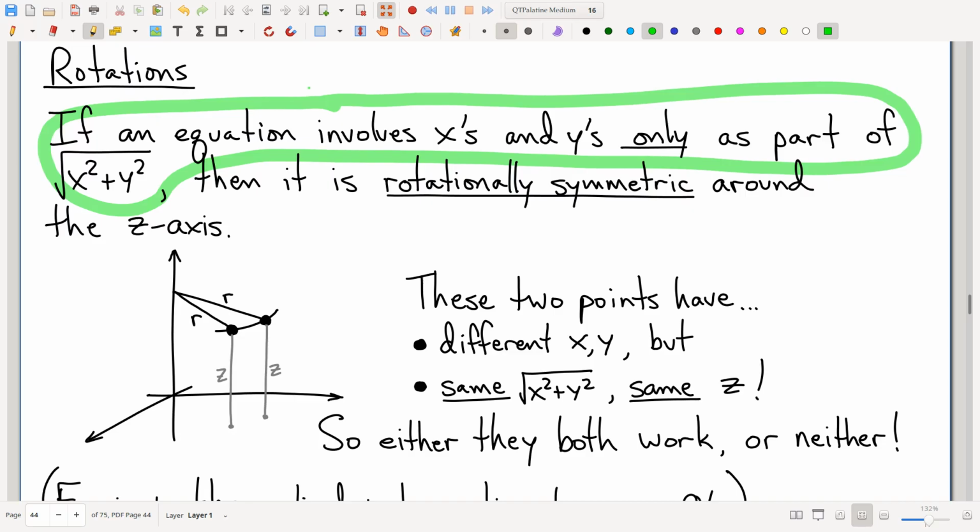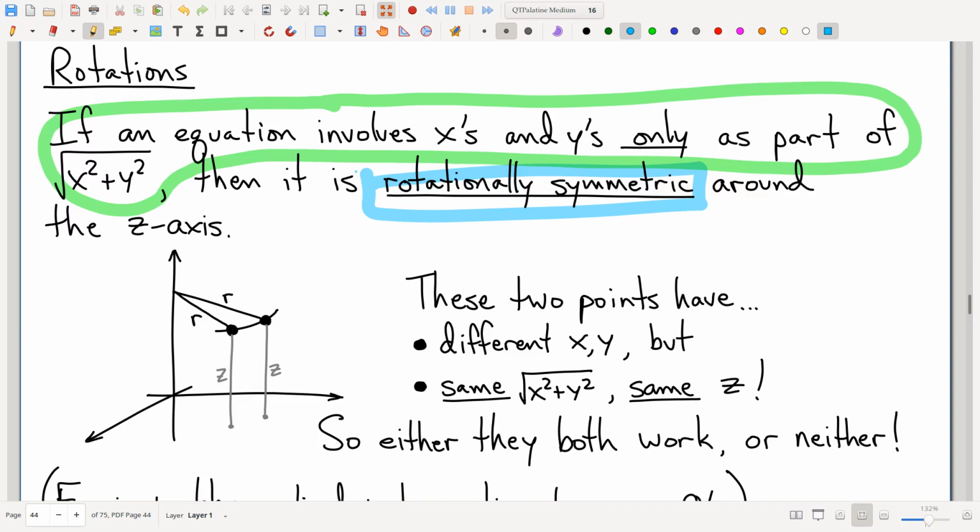If every x and y is part of this expression, easily checked, and the powerful result we get is that your surface is rotationally symmetric around the z-axis. So that's a big, powerful geometric conclusion for the low, low price of casual inspection, and just make sure x's and y's look like that.